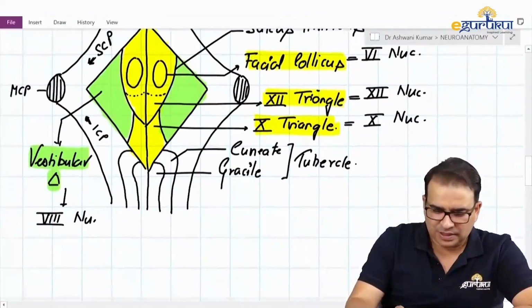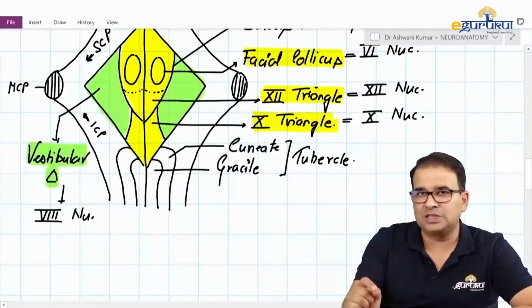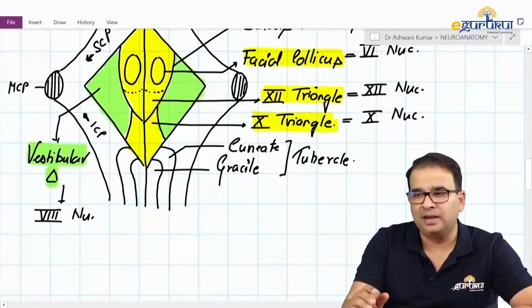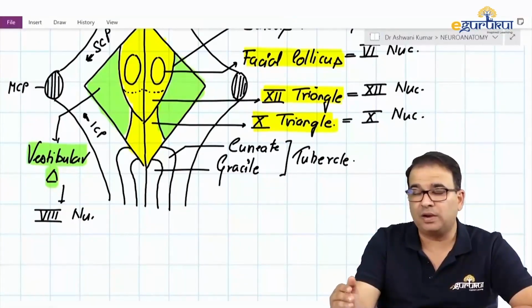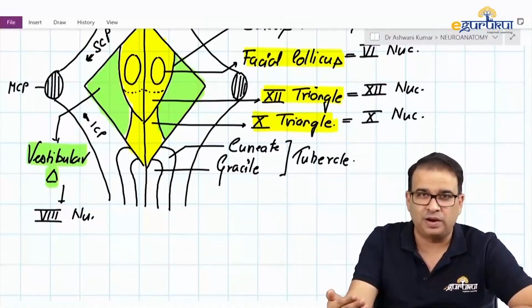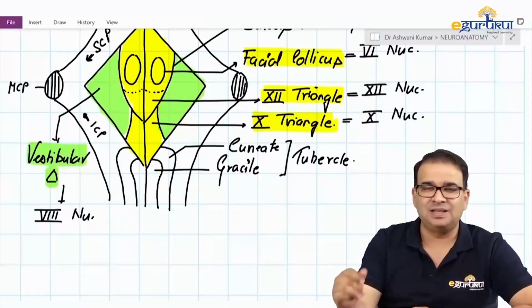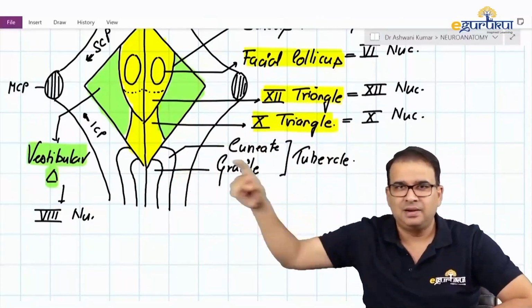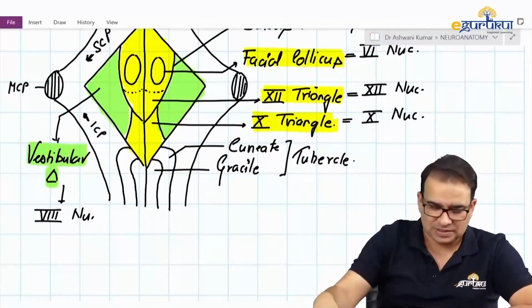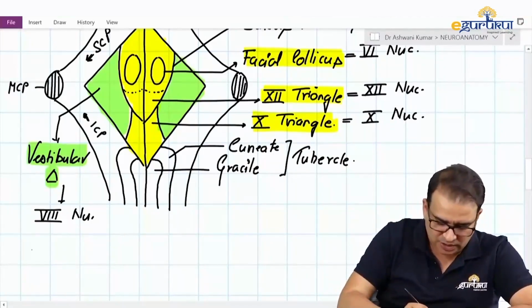So guys, the first and most important thing to note: if the question asks what are the nuclei present in the floor of the fourth ventricle, or projected in the floor of the fourth ventricle, don't write seventh. It is 6, 8, 10 and 12. In sequence, 6, 8, 10 and 12.